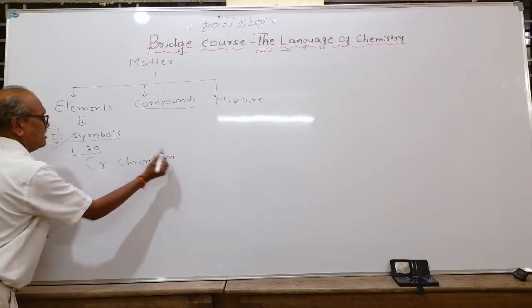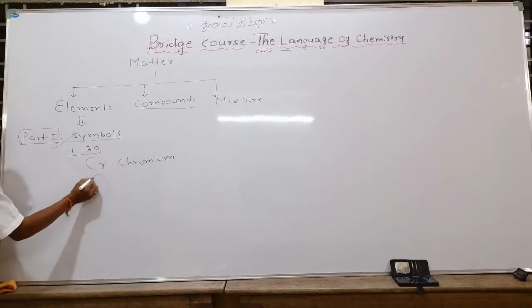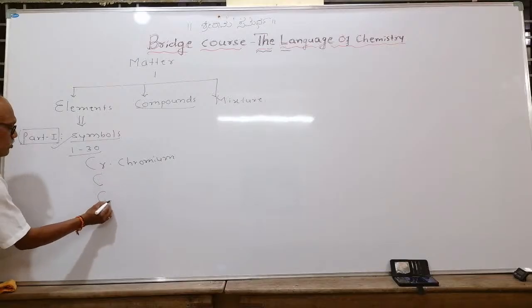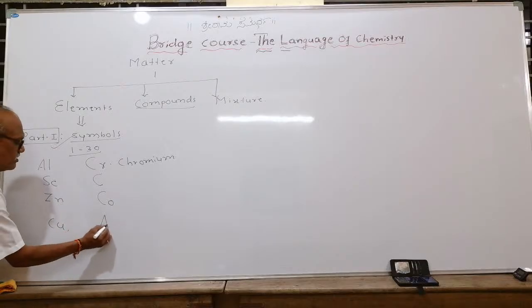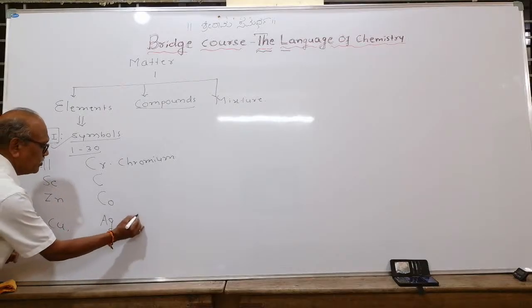I will randomly ask you, go on writing. What C stands for? What Co stands for? What Al stands for? What Sc stands for? If you have made it perfect, what is Zn? What is Cu? What is the symbol Ag stands for? Au stands for?